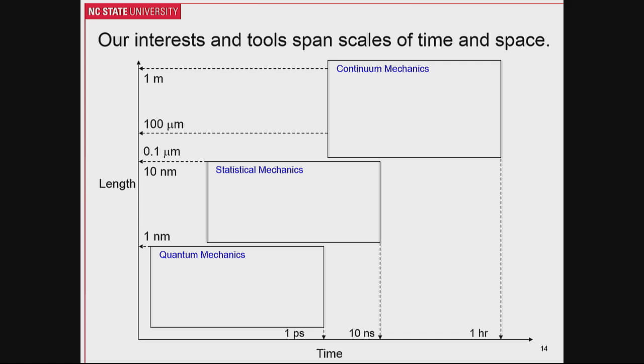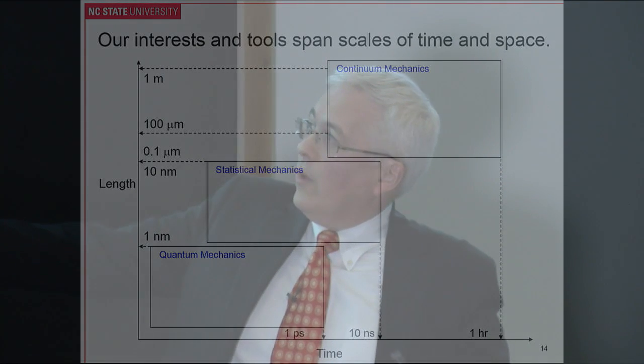So the business of handling scales traditionally in engineering has been, we find something at this scale, transfer it to here, do those calculations, transfer it up to there. Maybe we can get, say, a dipole moment at this level, transfer it up to the continuum scale. That's all fine.